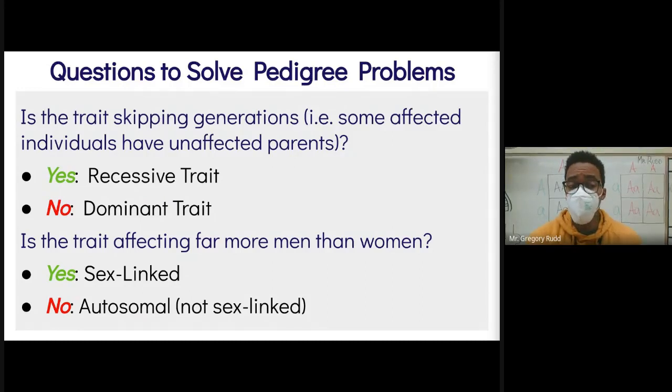If the answer is yes, then it is sex-linked. If the answer is no, then it is autosomal, which means not sex-linked. So if you can just remember to ask yourself those two questions, you'll probably be fine. I don't think we're going to push you to the level of having to identify genotypes.